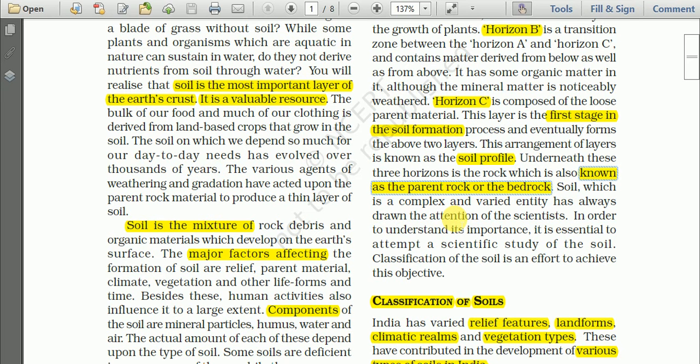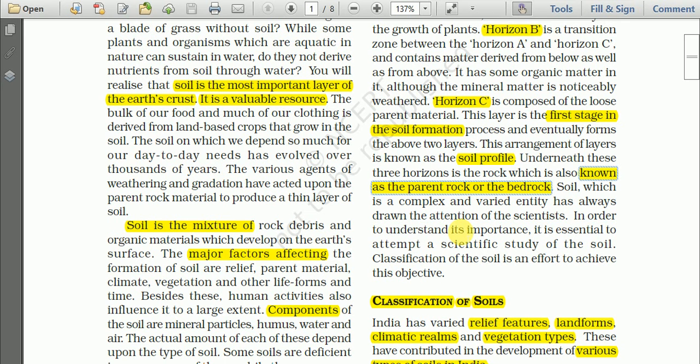Big rocks. And soil, which is a complex and varied entity, has always drawn the attention of scientists. In order to understand the importance of the soils, it is essential to attempt a scientific study of the soil. Classification of soil is an effort to achieve this objective.